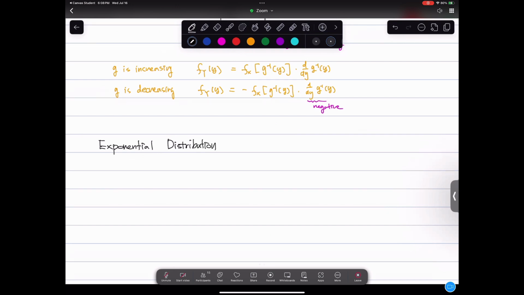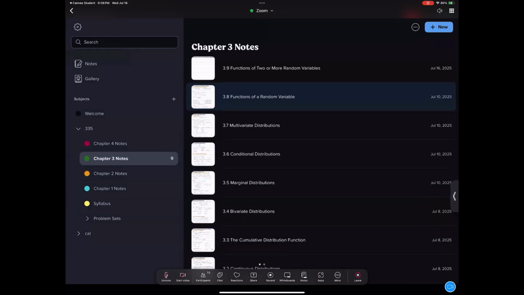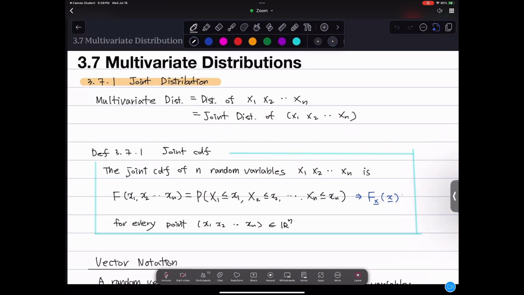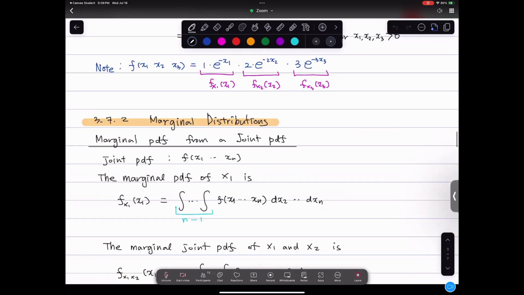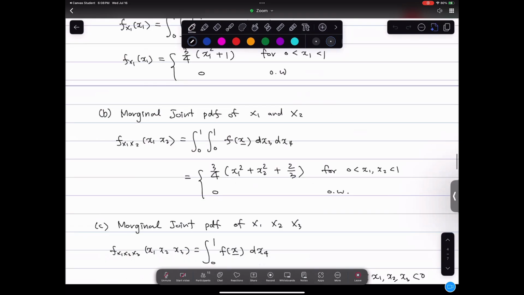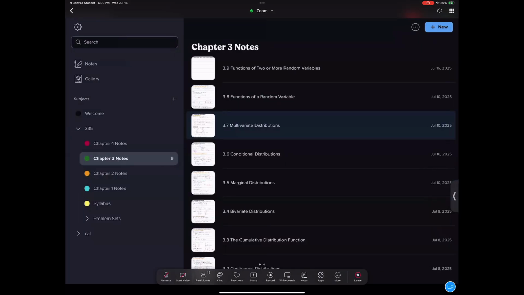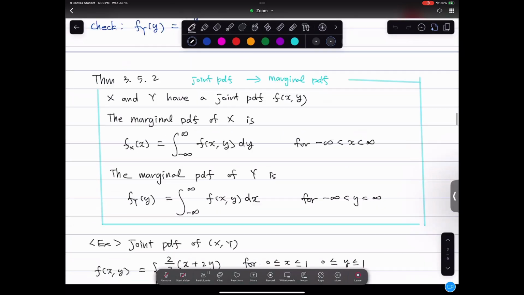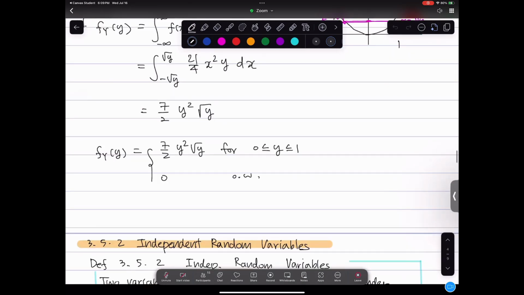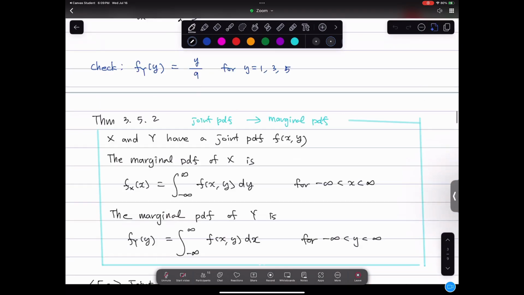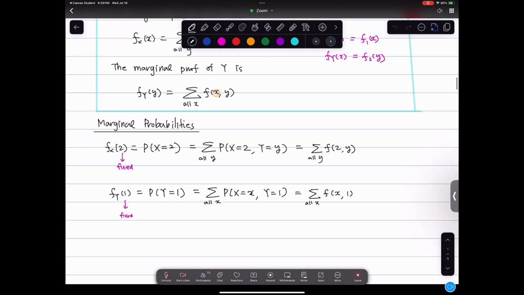So last time I introduced this exponential distribution, and it has one parameter, and it can be either one of those. I think I used beta, but I don't know exactly when I did it.